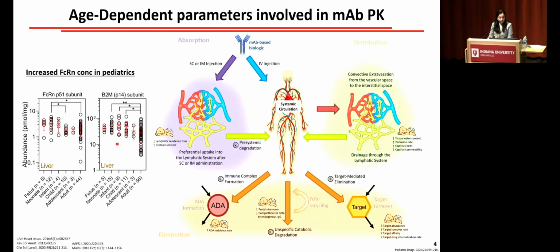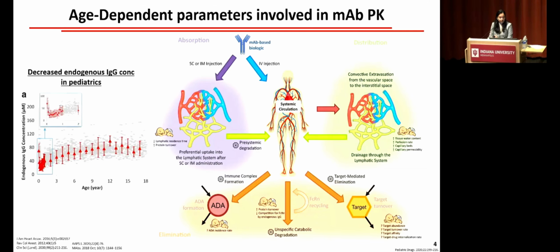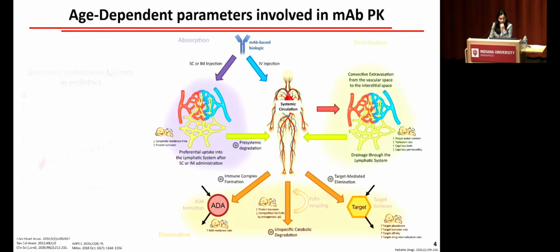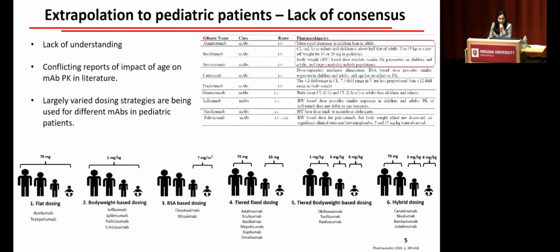Studies have shown that pediatric patients may have higher concentrations of FcRn as compared to adult patients, and also that pediatric patients usually have lower concentrations of competing endogenous IgG as compared to adults, which all indicate that there might be changes beyond body size that would affect antibody PK, and makes it important to understand how these processes affect antibody PK in the bigger picture.